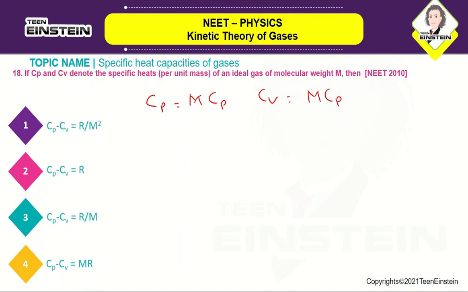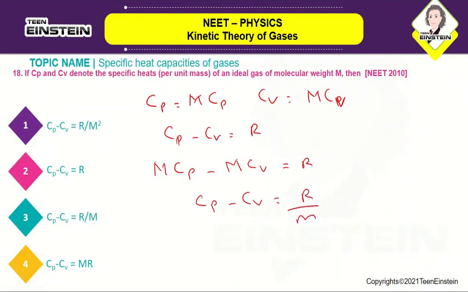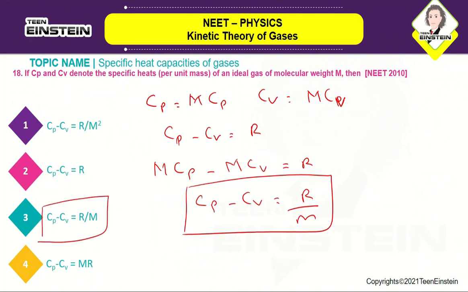Okay, so Cp minus Cv is R, so mCp minus mCv is R, so Cp minus Cv is equal to R by m is the correct option. So option number 3 is the correct answer.